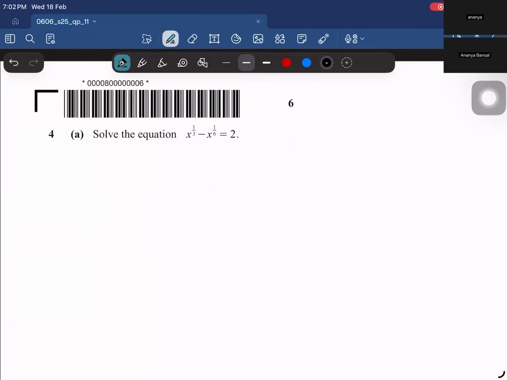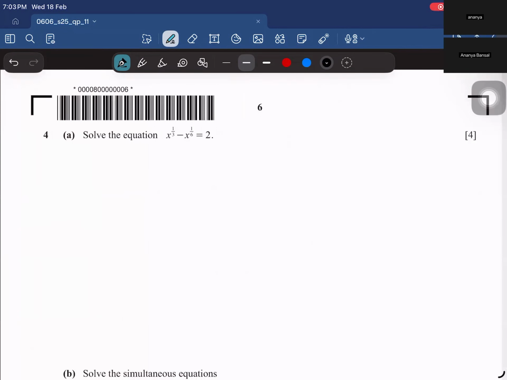Question 4a says, solve the equation x to the power 1 over 3 minus x to the power 1 over 6 equals 2. The first step to any question that is phrased this way is that we bring everything to one side.